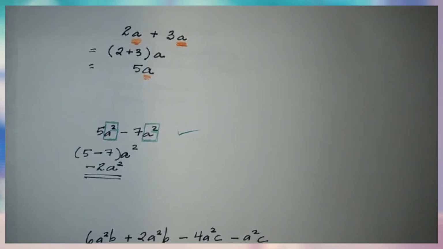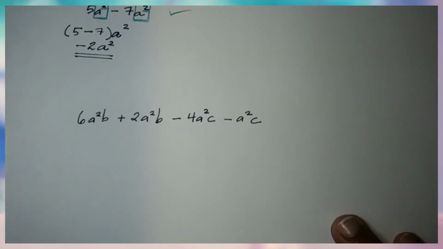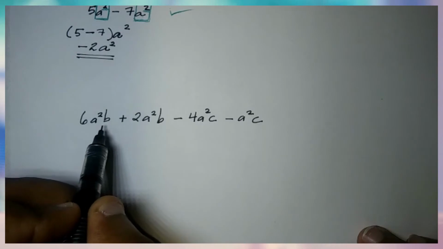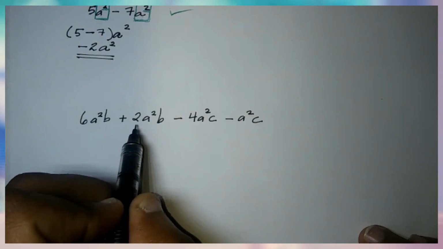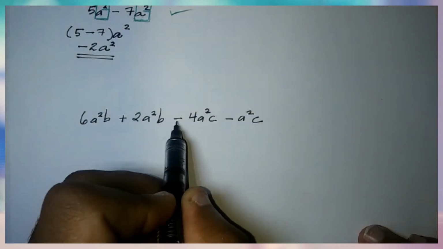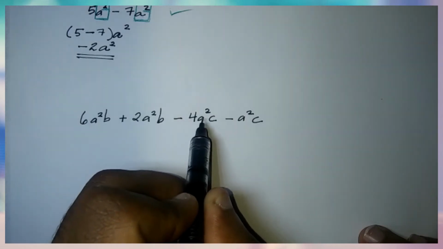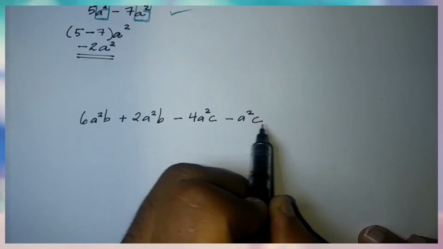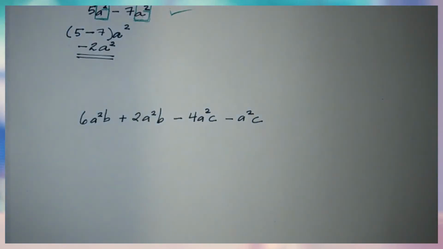Let's look at another example. Here we have 6a squared b plus 2a squared b minus 4a squared c minus a squared c. Let's go through.